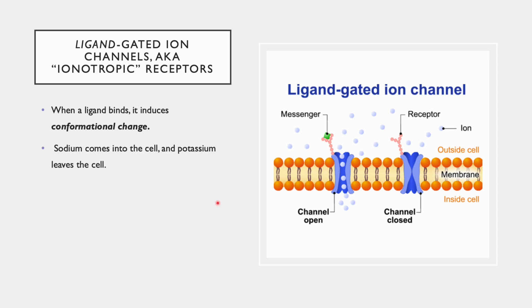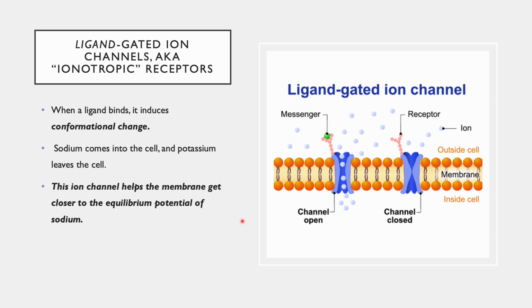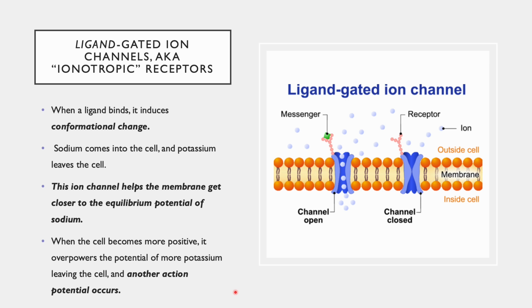So in this example, sodium could come into the cell and potassium could leave the cell. This ion channel helps the membrane get closer to its equilibrium potential of sodium, thus increasing depolarization and the generation of action potentials. When the cell becomes more positive, we know it overpowers the potential of potassium leaving the cell, and another action potential can occur.